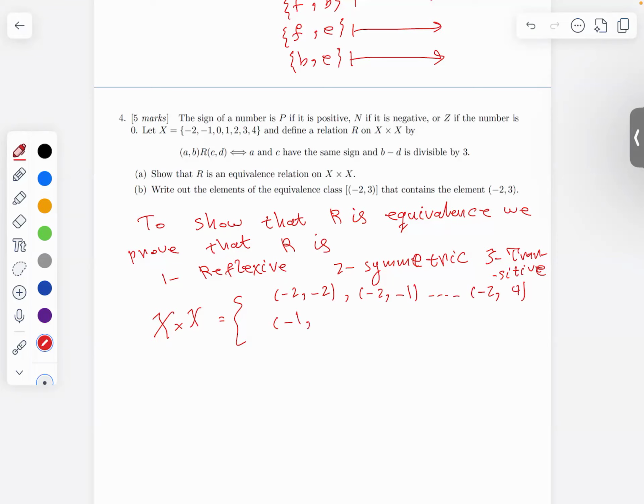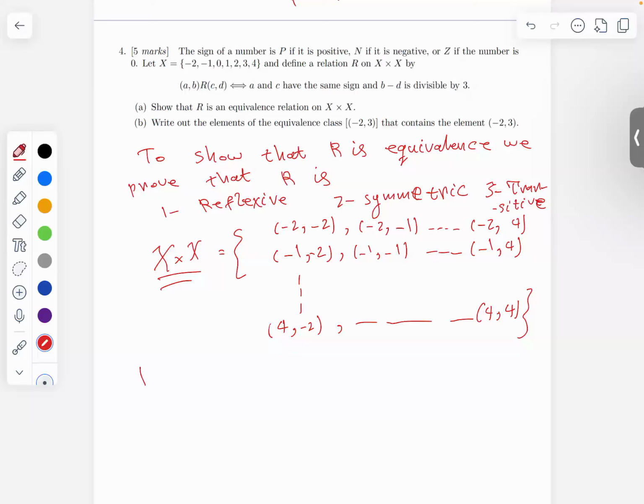Then -1, -2, -1, -1, -1, 4. -1, 4, -2, 4, 4. These are all the possible pairs in X times X, but R is just some of them.